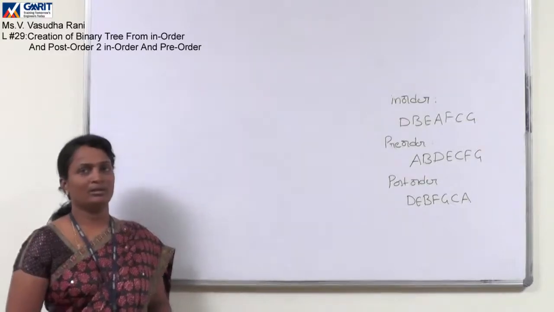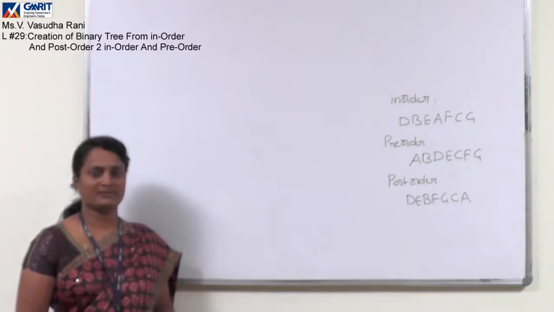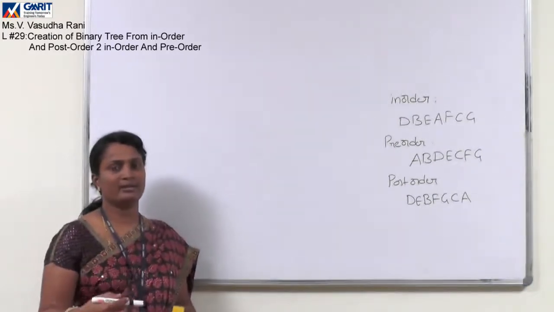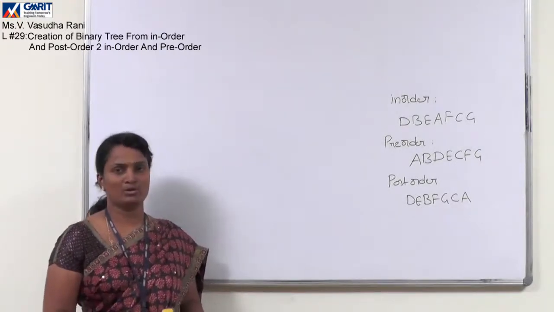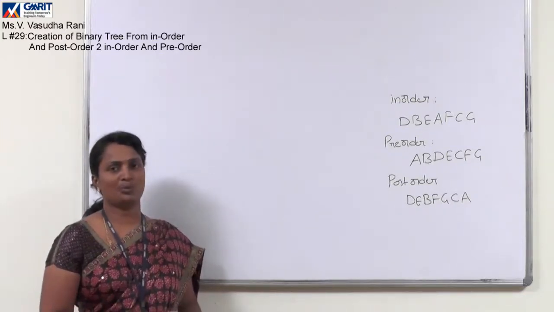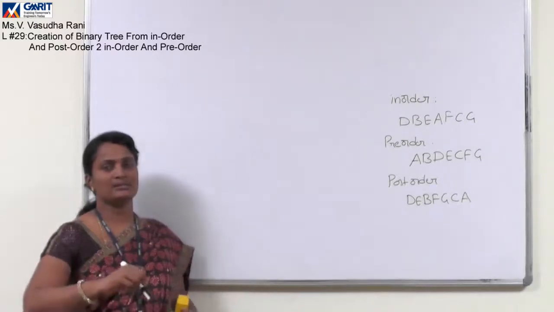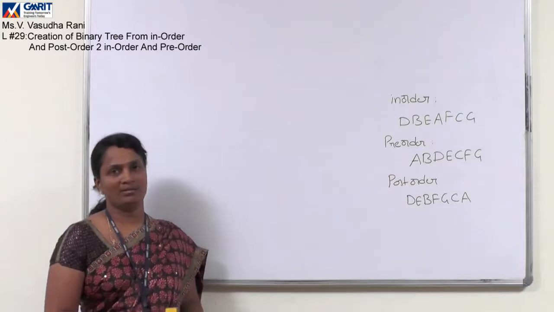Good morning one and all. In the binary tree traversal process, we have seen how to take a binary tree and find the different traversals: in-order, pre-order and post-order. Let us now do the reverse engineering process, that is, taking the traversals for a particular binary tree and constructing the binary tree.